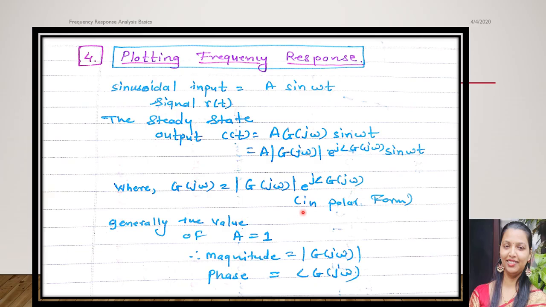This is in polar form. Generally, the value of A is equal to 1. Therefore, the magnitude is equal to magnitude G(jω) and phase is equal to angle G(jω).